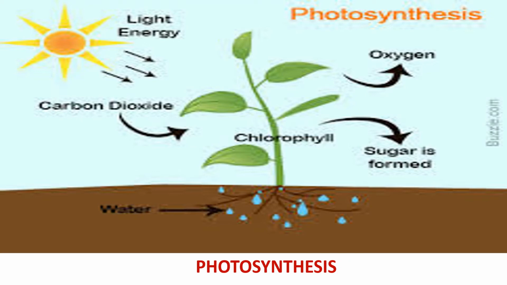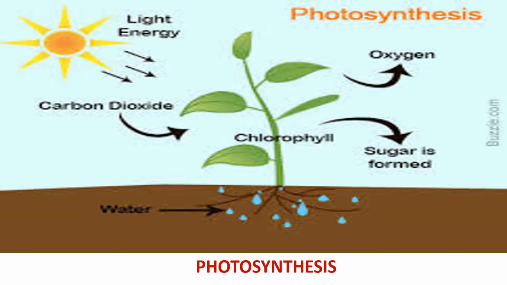Leaves have tiny pores called stomata through which carbon dioxide enters the plant. Plant cells contain tiny structures called chloroplasts that contain chlorophyll.